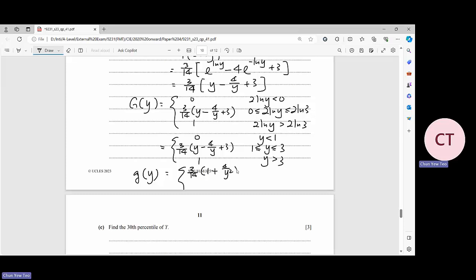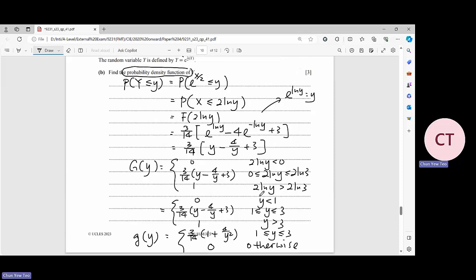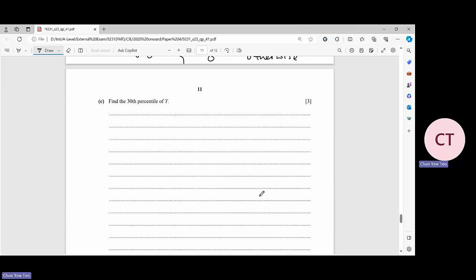This one is 0 for other y's, and this one is for y from 1 to 3 inclusive. Okay, done. That will be the answer for part B. And move on to part C.